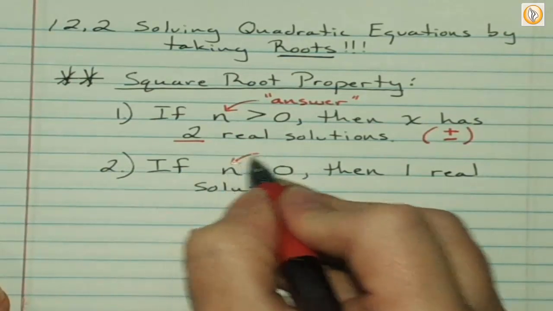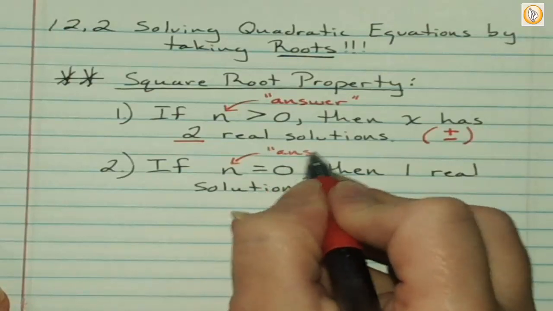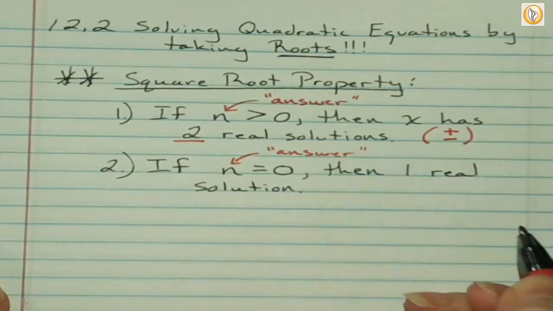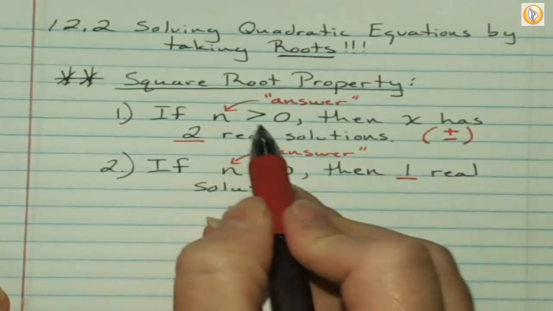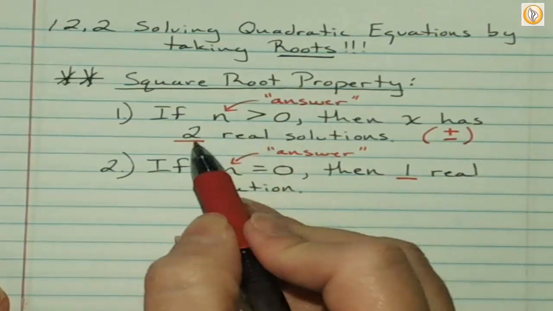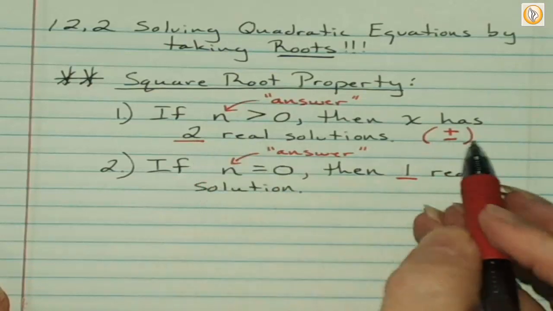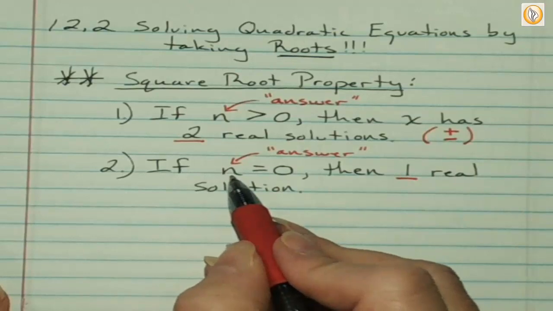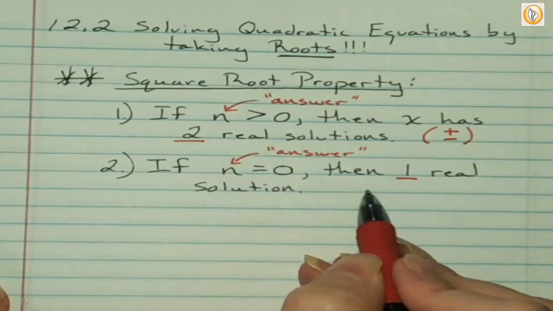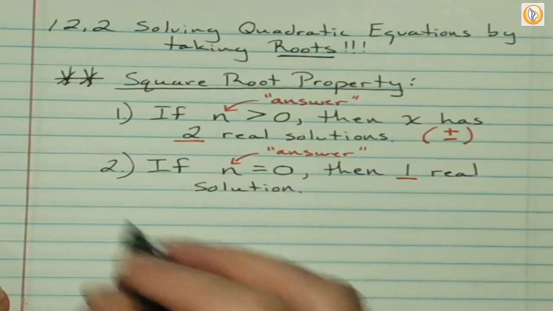So remember, n is the answer. I have it in quotes. So if n is greater than 0, there's going to be 2 answers, positive and negative. If n equals 0, then there's only going to be 1 answer.